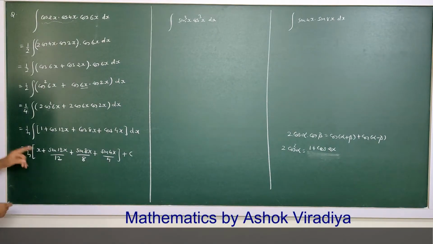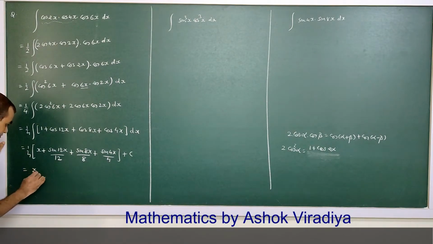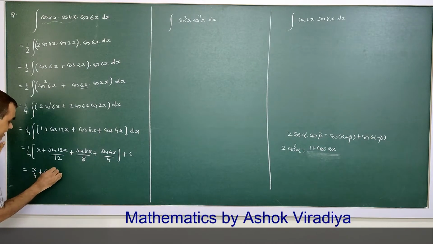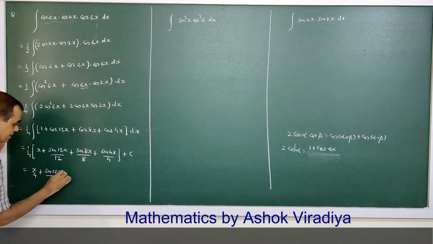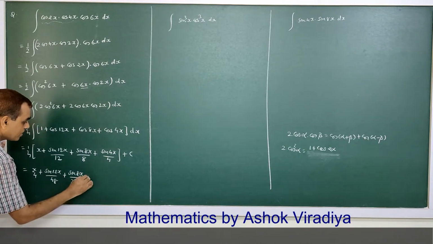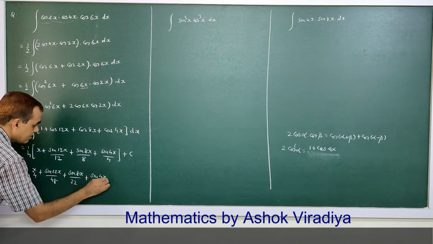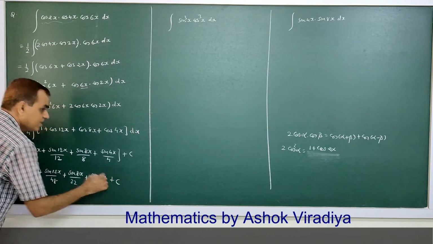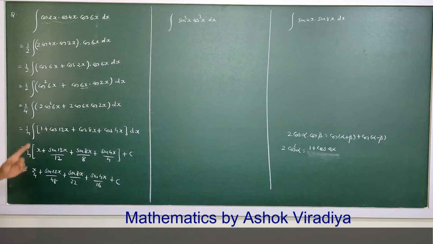Now this 1 by 4 can be multiplied. So x by 4 plus sin 12x by 48 plus sin 8x by 32 plus sin 4x by 16 plus c. So it is the required integral.